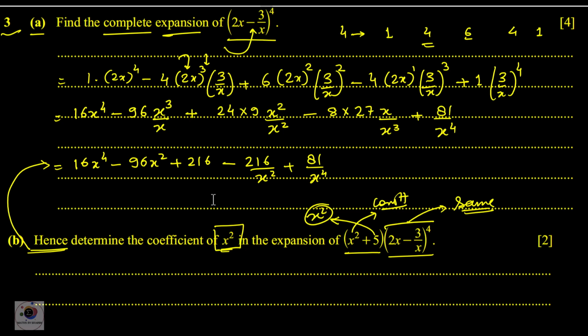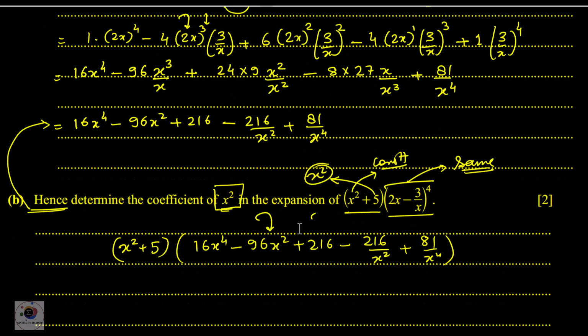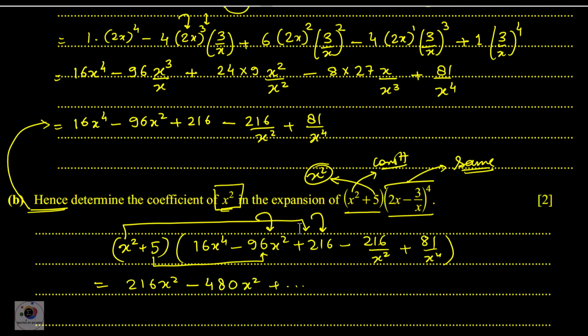So we'll rewrite this whole thing just mentioning only those values which we need, or we can write the whole thing once and then we can decide. We could have simply written this term and this term, because that's what we need, and we can simply write dot dot dot for the rest. Hence, if you multiply x squared with 216, this is going to be 216x squared, and if you multiply 5 with negative 96x squared, so minus 480x squared, and plus dot dot dot, and so on.